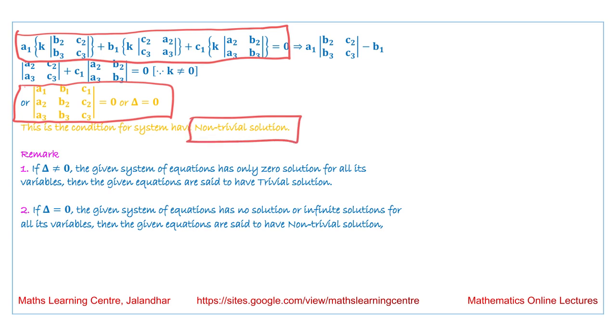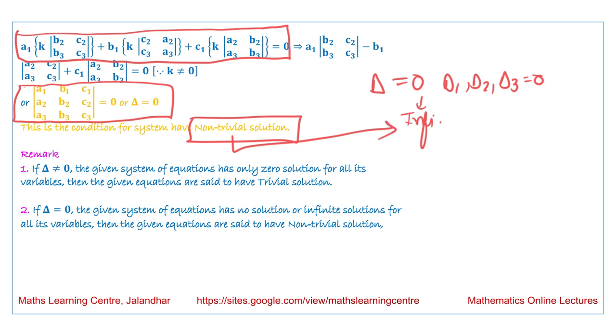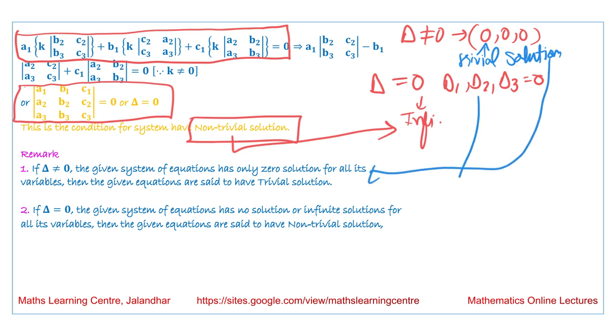So what we have obtained is that when delta is equal to 0, and delta 1, delta 2, delta 3 are all equal to 0, then we have infinite solutions, and this is the case of non-trivial solutions, because when delta is not equal to 0, we have the unique solution, that is the 0 solution, and this 0 solution is called the trivial solution, and this thing is explained over here.